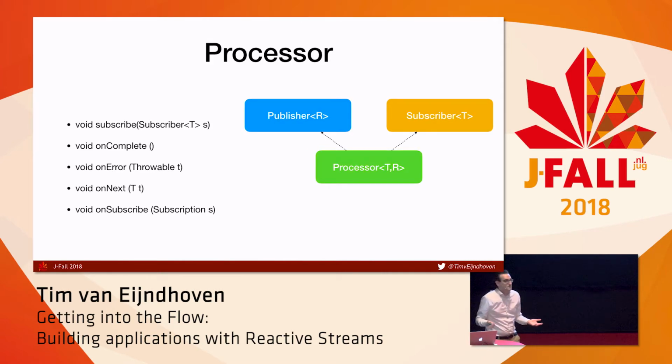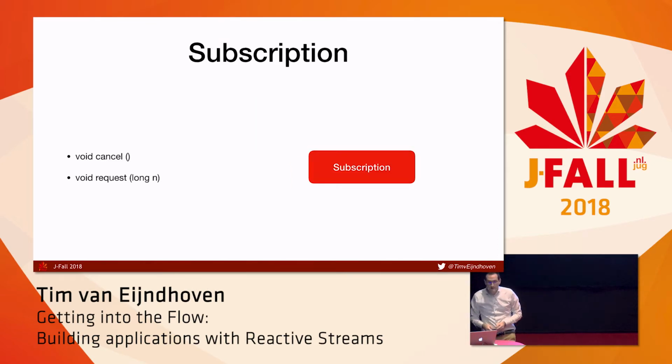Then you have the processor, and basically this is an implementation of both the publisher and the subscriber, right? So it subscribes to the publisher on the one hand, and it is the publisher for the subscriber on the other hand. So it implements the same set of methods. And then you have the subscription.